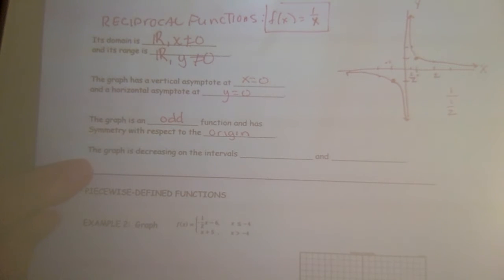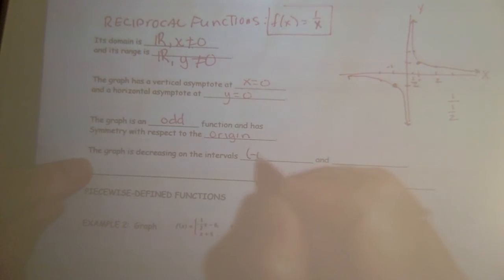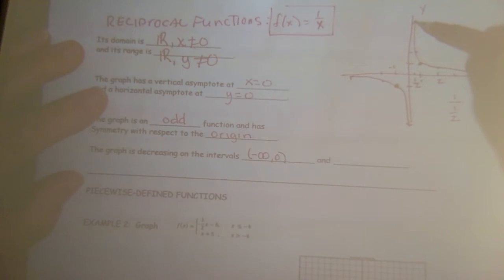It's decreasing on what intervals? It's decreasing here, from -infinity to 0. And is this increasing? No, this is also decreasing from 0 to +infinity.